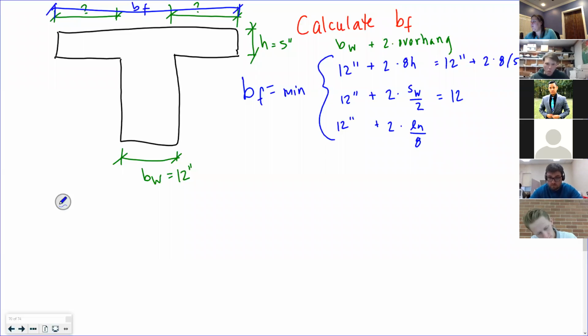Next, I have the beam width plus 2 times sw, which is the clear distance to the adjacent web.